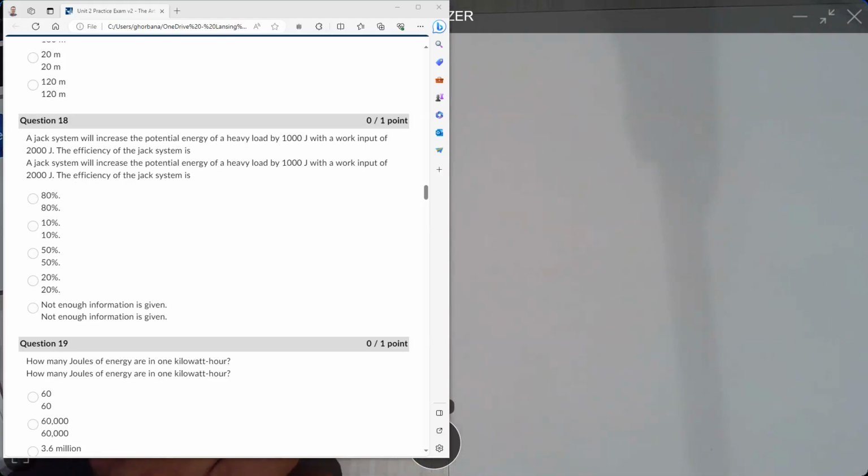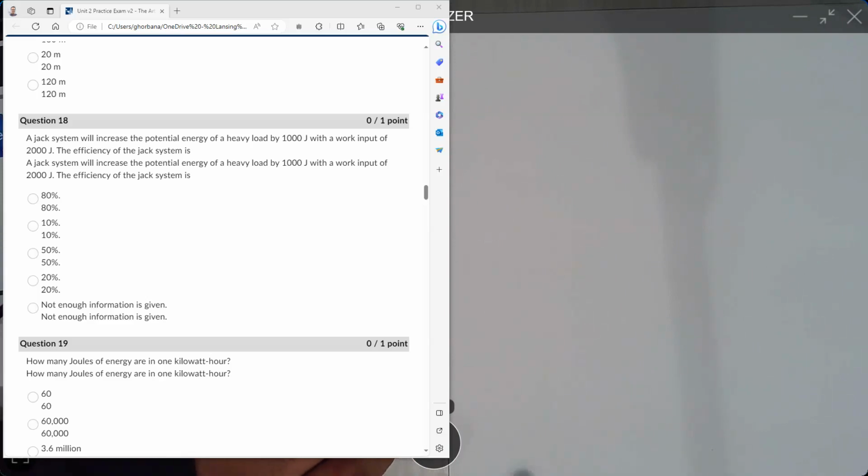Question 18. A jack system will increase the potential energy of a heavy load by 1000 joule with a work input of 2000 joule. The efficiency of the jack is how much?